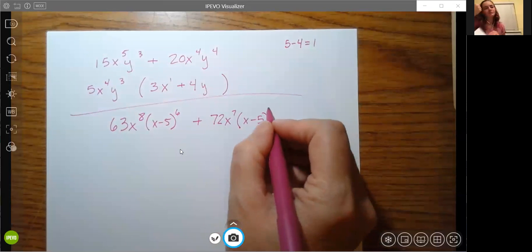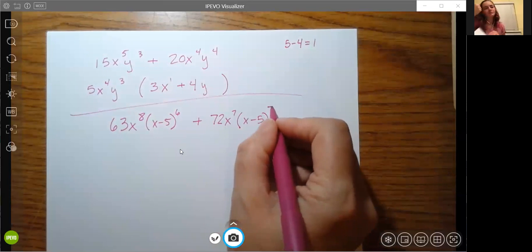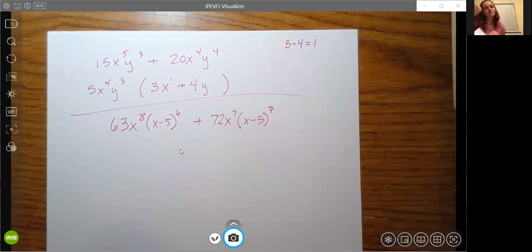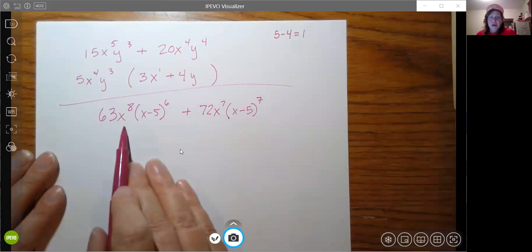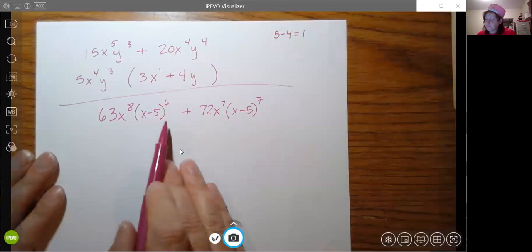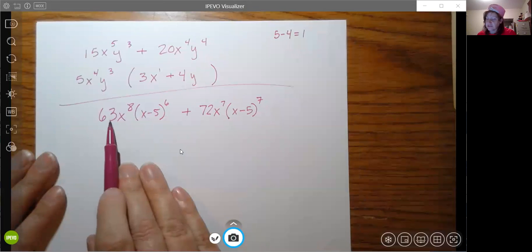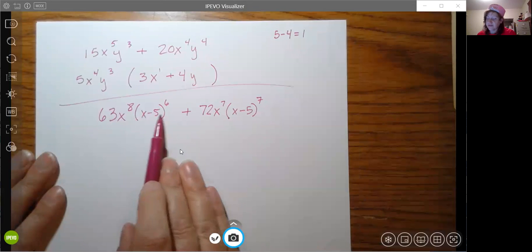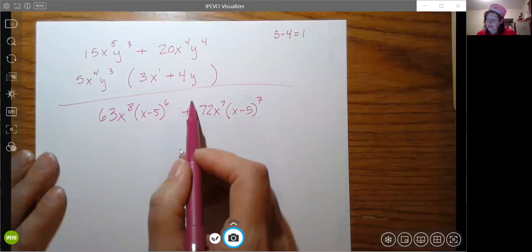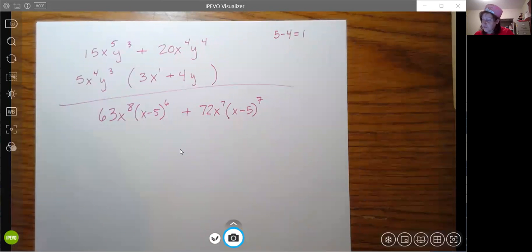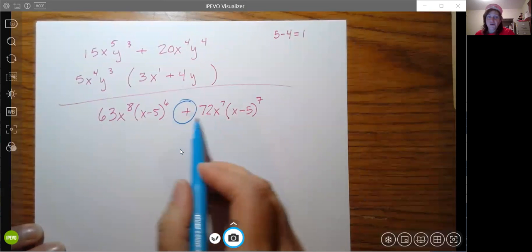Hey, what power? 7. Oh, I could have figured that out. Okay, when we talk about terms, there are factors and terms. 63, x to the 8th, x minus 5 to the 6th, all factors, multiplications happening there. Then there's this nice plus right here, which makes the next part a new term.